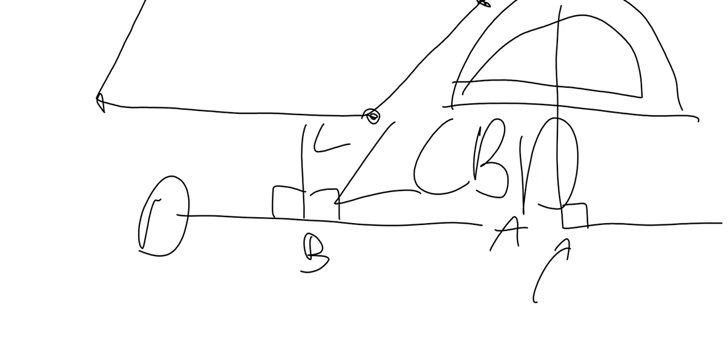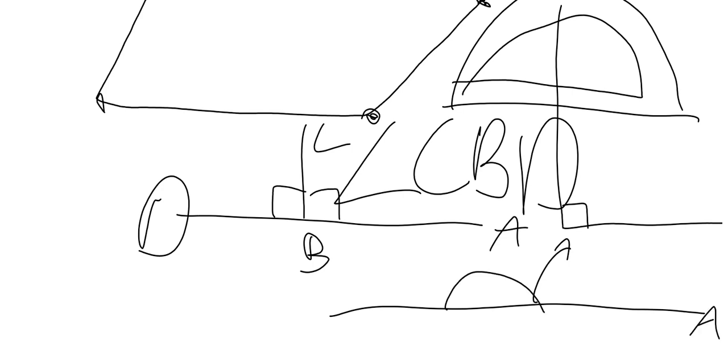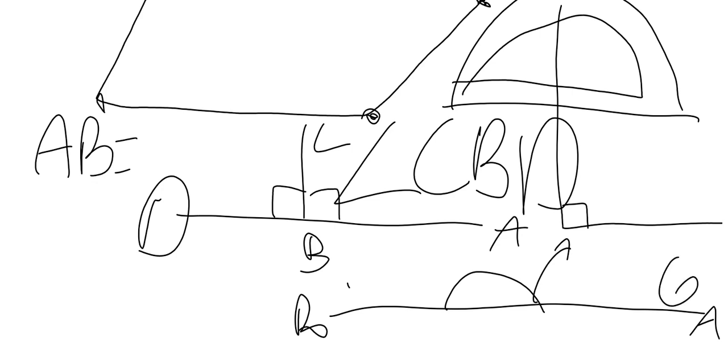But if you're referring to a straight line and just put A and B, you put the angle measure. AB equals 180 degrees.